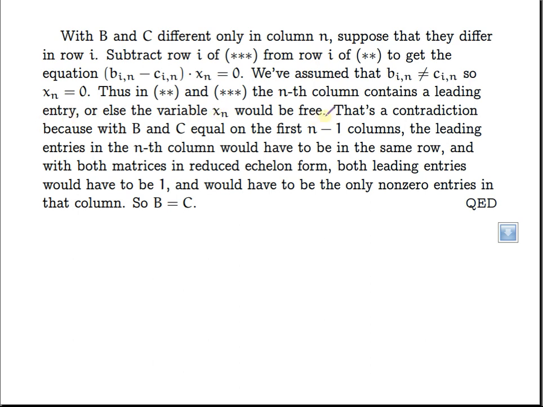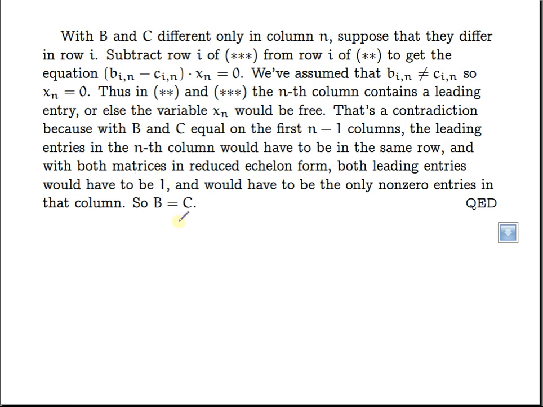So we can show that there is a leading entry in the nth column. But that's a contradiction, because B and C are equal on the first n-1 columns. A leading entry in the nth column would have to be in the same row. And with both matrices in reduced echelon form, both leading entries would have to be 1.